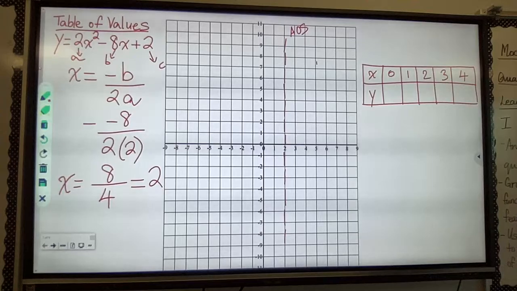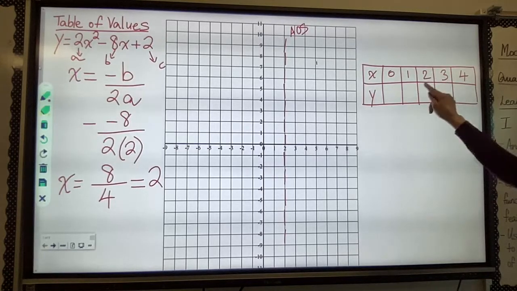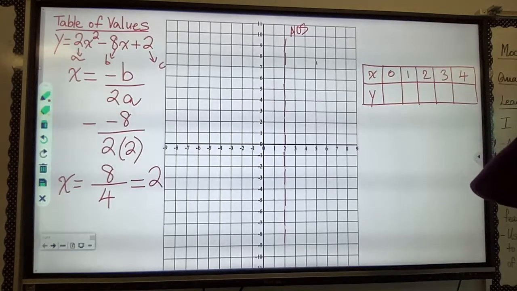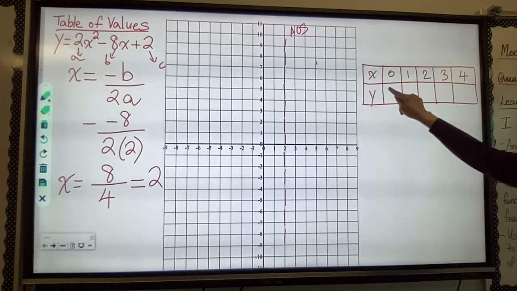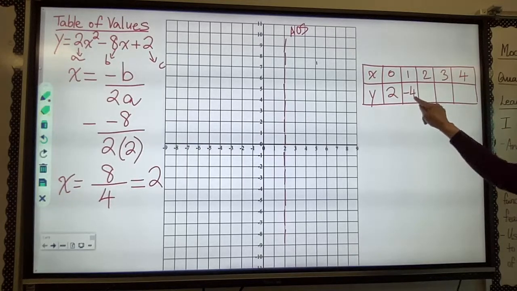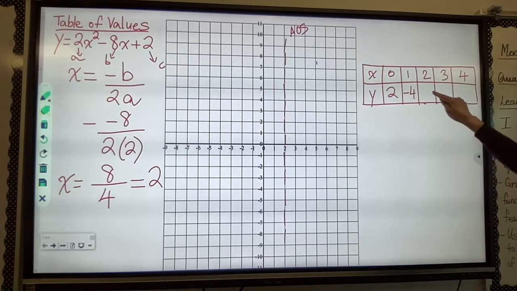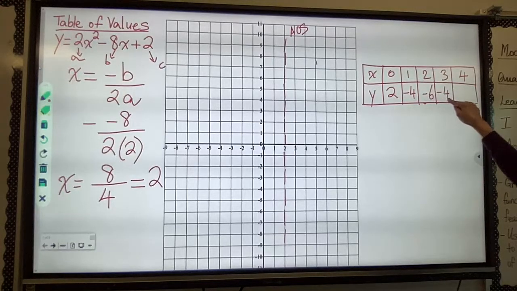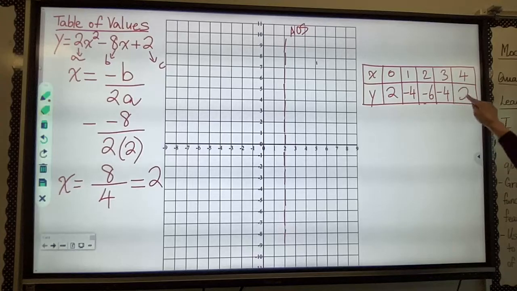We can find our values by putting them into the equation, or I can have the table completed: I have 2, and I have negative 4, I have negative 6, I have negative 4, and I have 2. So I can create a table like this.